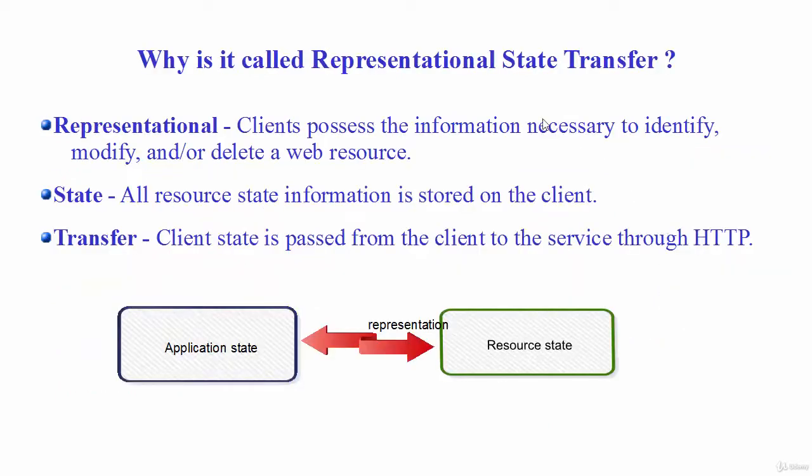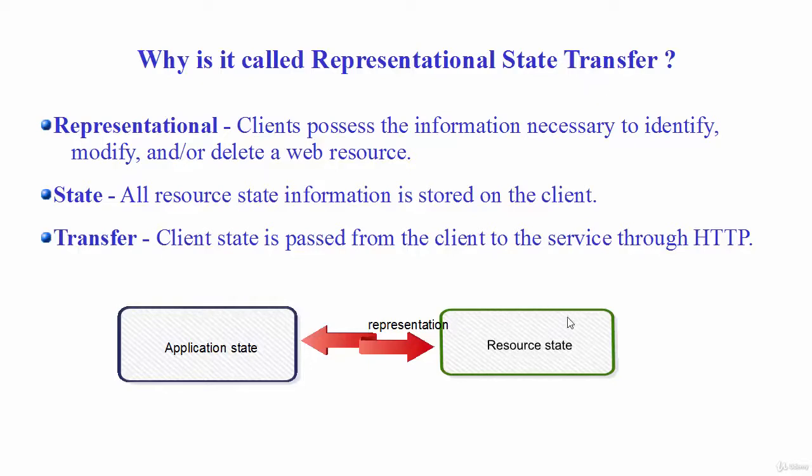So let's go to the REST definition once again. Why is REST called representational state transfer? Representational state transfer refers to transferring representation. In our case, we have seen the representation can be sent in the form of JSON or text or HTML or XML, in any representation.